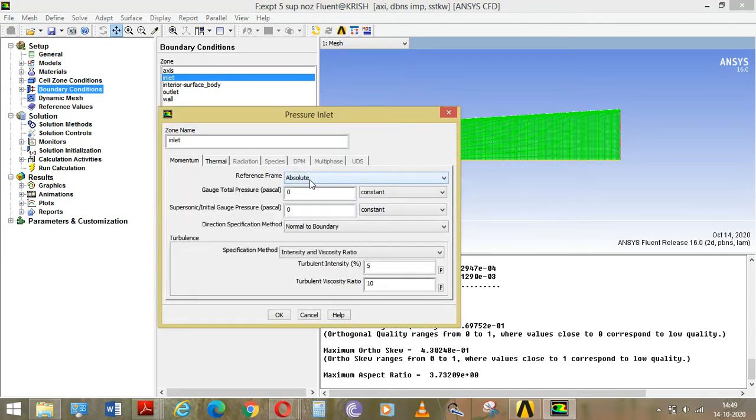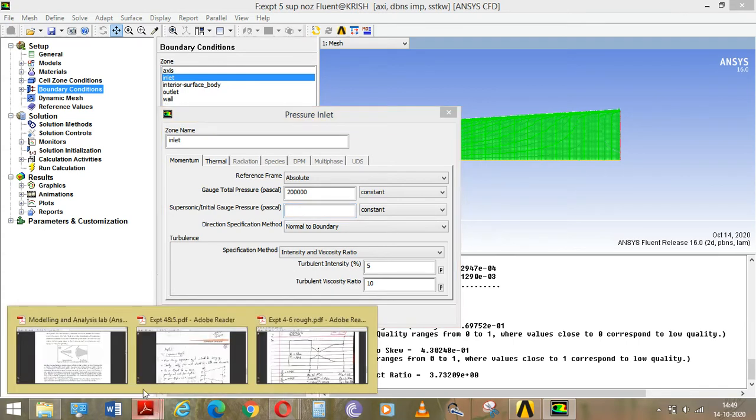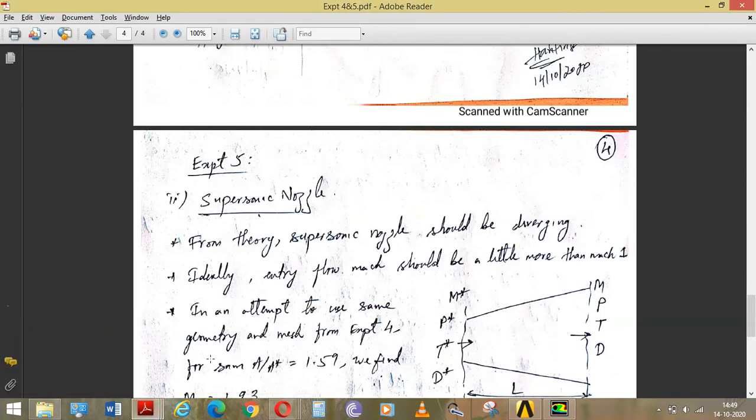So what do we have for pressure? Two bar. Inlet pressure should be P or P star.